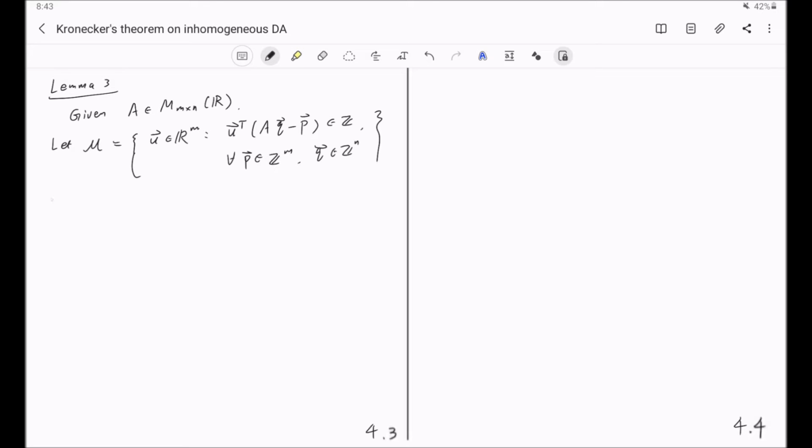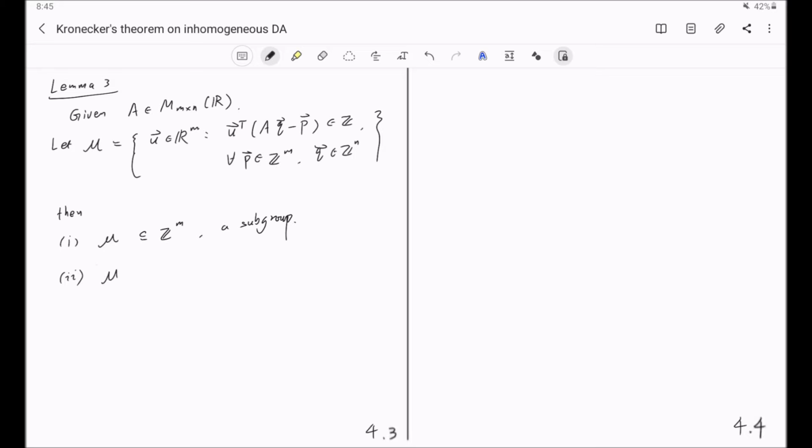Then we have the following. First, this subset M of R^m is actually a subgroup of Z^m. And second, the subgroup M is a free abelian group with the following basis.